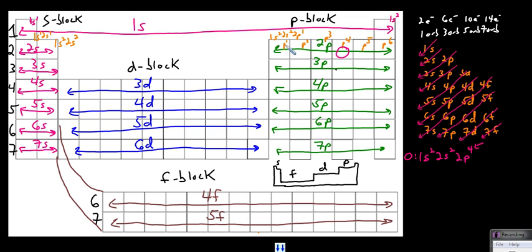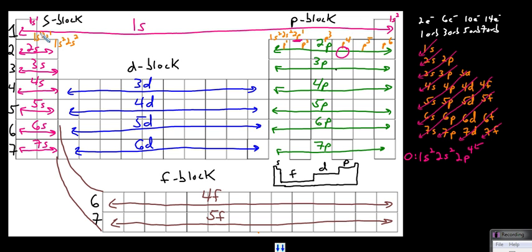You see the most recently filled subshell, 2p. We knew that would start being filled for boron because boron is in the 2p period here. You see, it's in the p block.